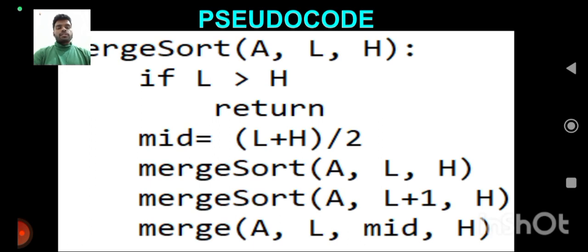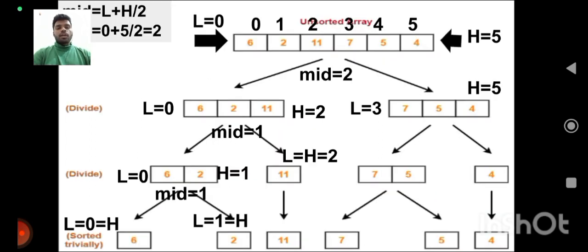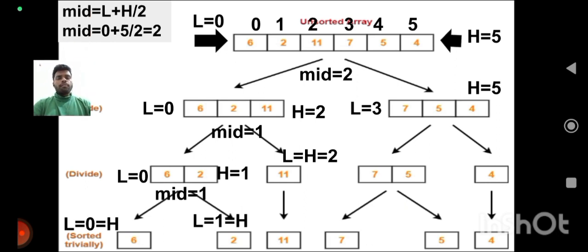Let us see the tracing, how the divide works. Let us consider an array with 6 elements, with low as 0, high as 5. First we should find the mid value, that is low plus high by 2, 0 plus 5 by 2, that is 2.5. We should consider the floor division. So mid value is 2.